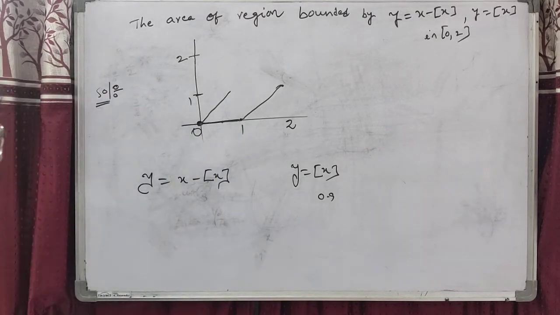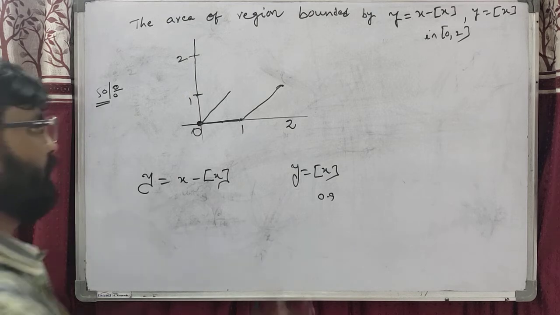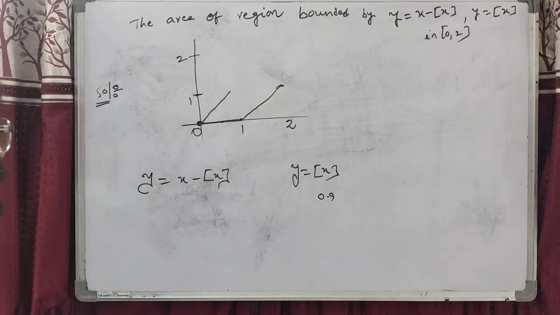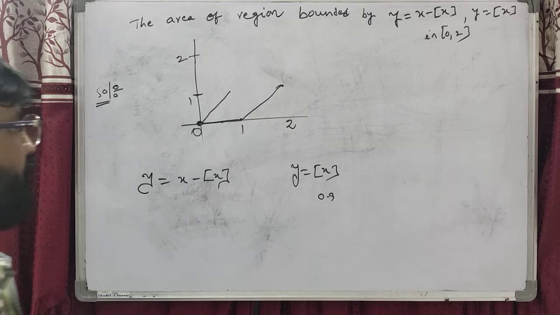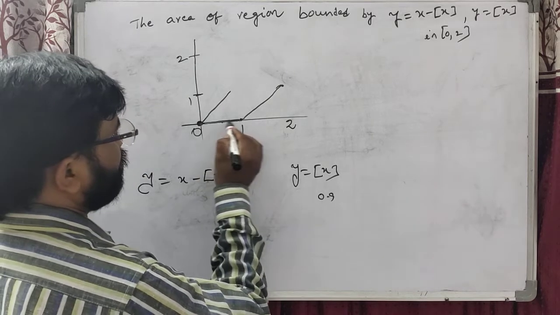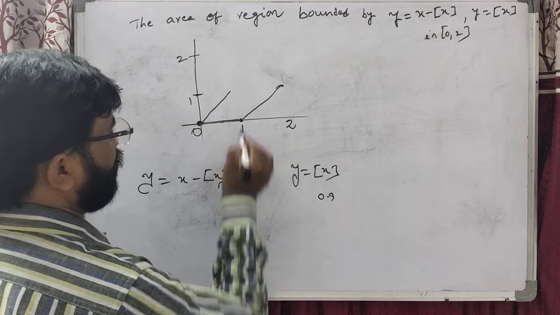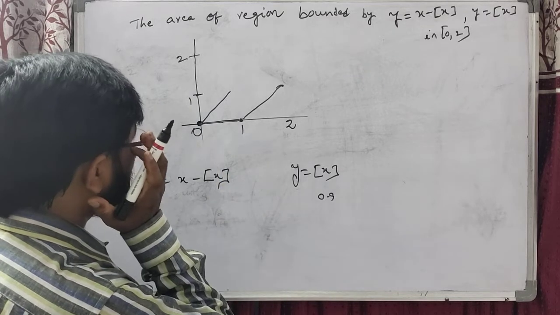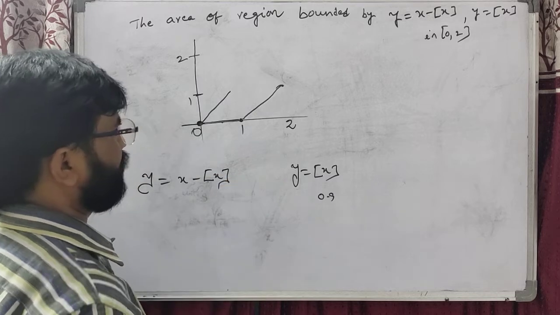Okay, students, we got this one. Suppose when we take here 1, it is 1. After that, 1.9. How to write, students?